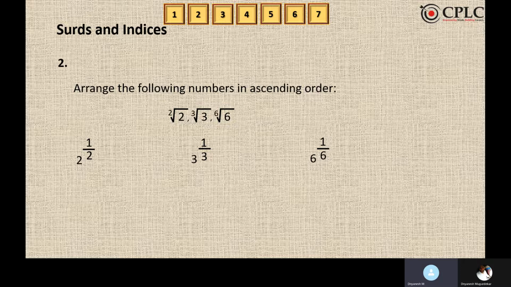Now, obviously, there is no way you can find out the fractional powers. So what you will do is convert them to proper powers. And to convert them to proper powers, you will have to take the LCM. When you take the LCM of 2, 3 and 6, the answer is 6. So let's make every number raised to 6.